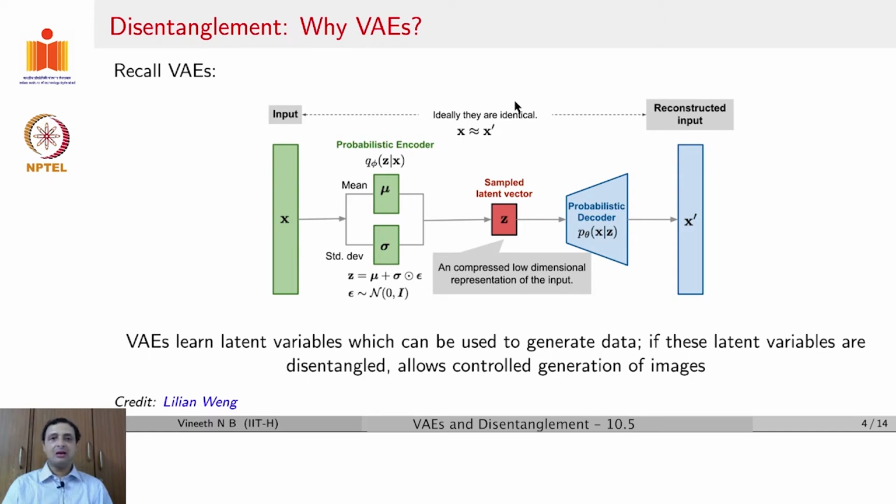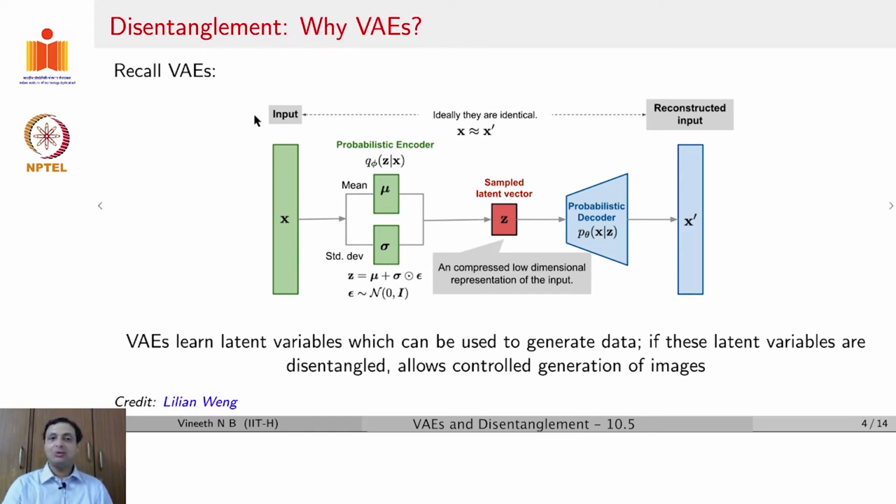Remember that in a GAN, the latent vector is a noise from a Gaussian. You don't learn it per se. In a variational autoencoder, the latent variables are learned. If one could now ensure that those latent variables are disentangled, you may have a lot of control on what kind of images you can generate out of the VAE.